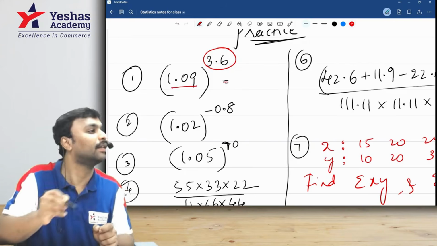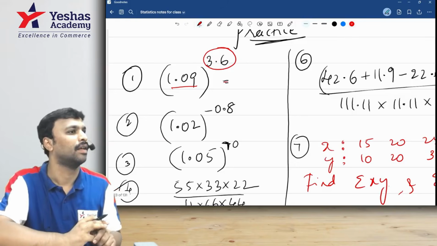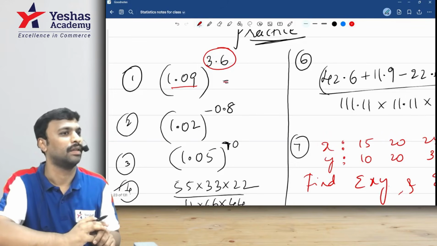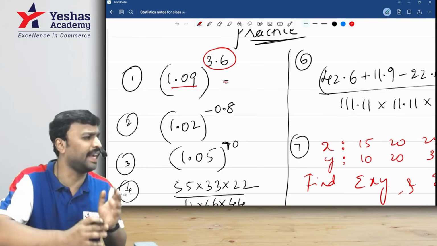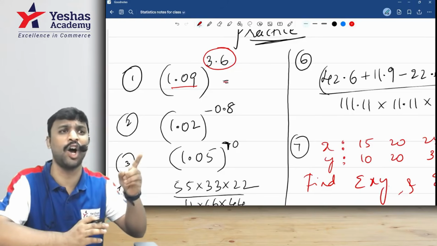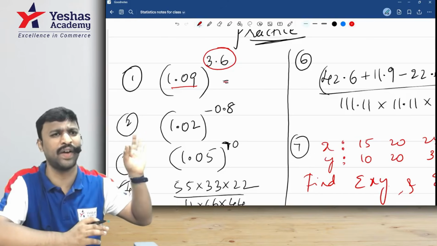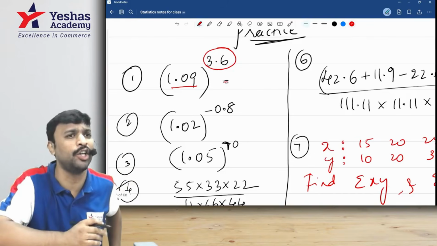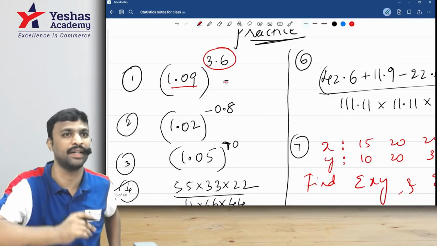Type the number 1.09. Press the square root how many times? 12 times. Please do it quickly. Everybody do it fast. Then what you will do? Minus 1. You haven't practiced it.